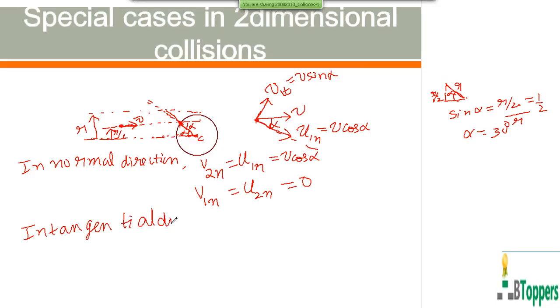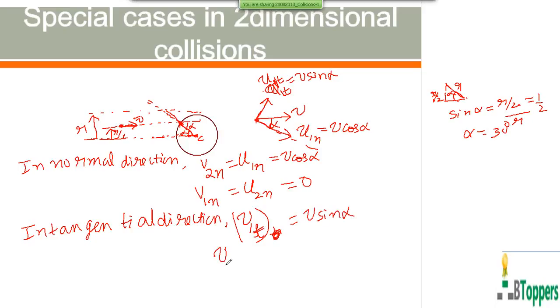So in the tangential direction, as I told you, when the surfaces in contact are smooth, the velocity in the tangential direction remains unchanged. So the final velocity of the first body in the tangential direction is equal to the initial velocity in the tangential direction, that is u1t, equal to v1t. u1t is v sin alpha.